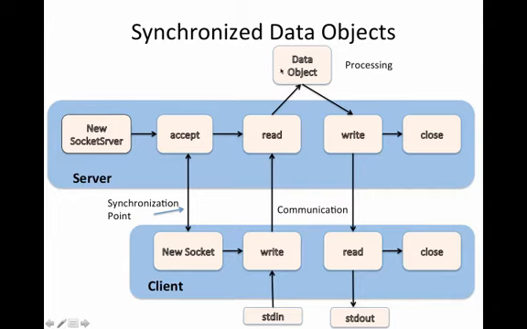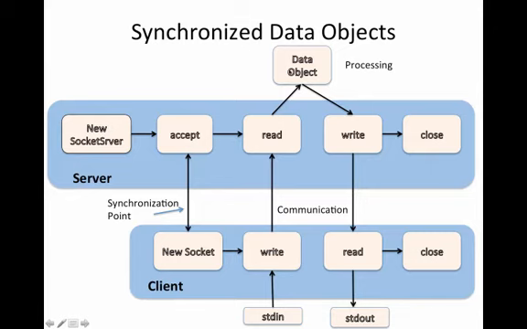Therefore, we typically create a data object which is going to do whatever processing we need to do. And furthermore, we're typically going to be forking off some server-side threads, one thread for each client that will be dealing with this data object.